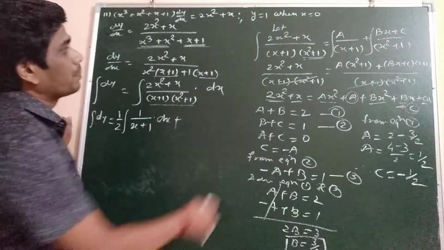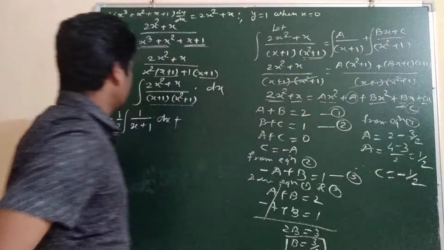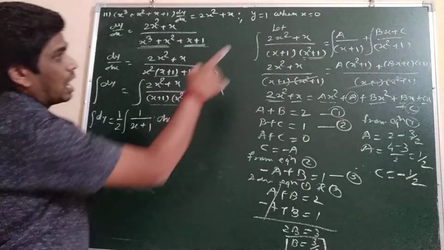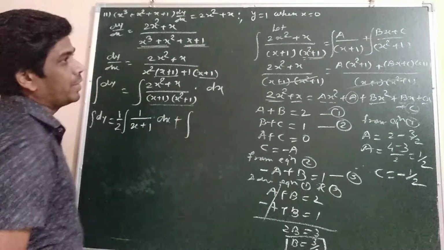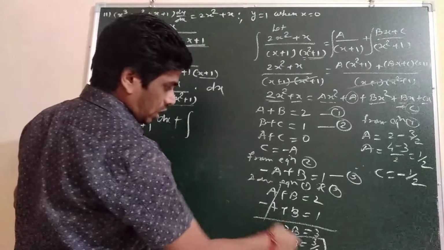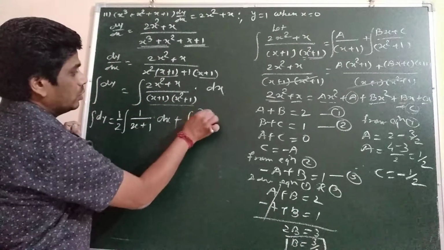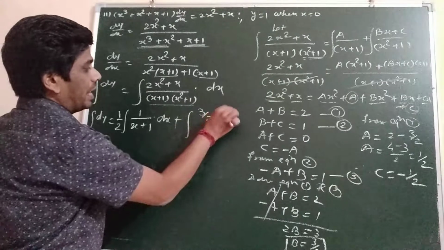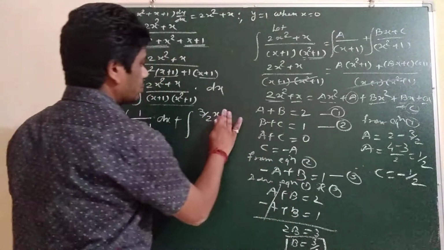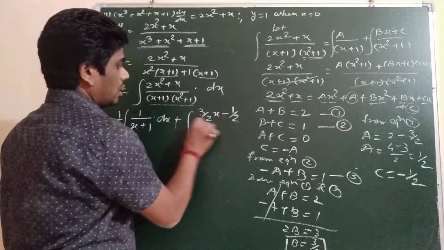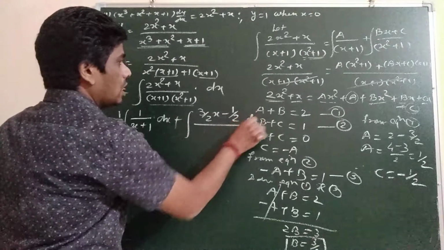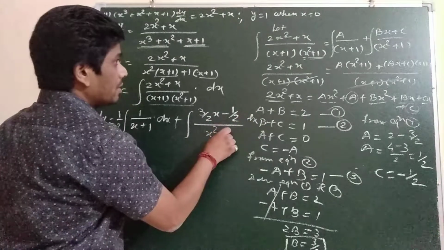Plus, for b, which is 3 by 2, into x, plus c, which is minus 1 upon 2, into dx upon x square plus 1.